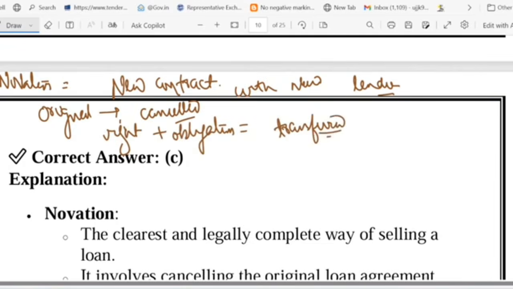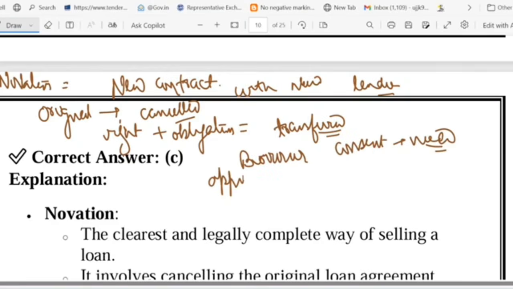Remember, right is also transferred, obligation is also transferred. And here, borrower consent is required. It is the opposite of assignment. In the case of assignment, only benefits are transferred and the original contract remains the same.